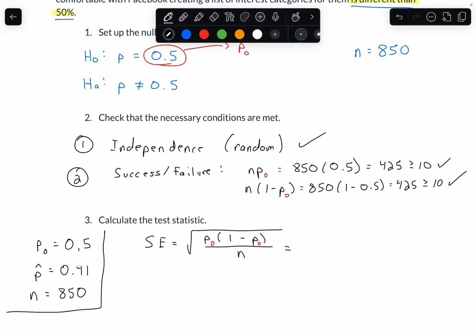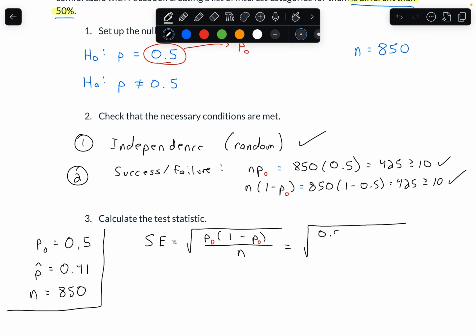So if we plug in these values, I've got square root of P naught, which is 0.5, times 1 minus 0.5 divided by my sample size N, which is 850. We want to be careful here because it is easy to make a mistake in our calculator. But if I divide this out, I ended up with 0.0171.